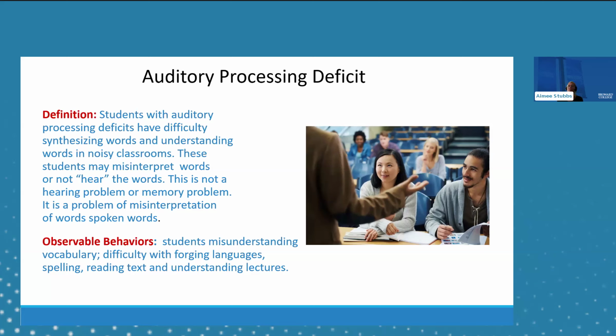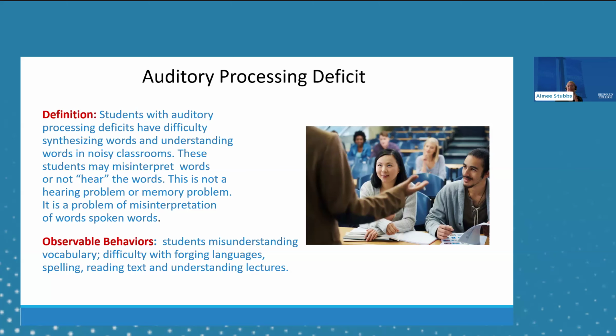And so some of those observable behaviors that you might see in your classroom, since you're not going to see that somebody has an auditory processing deficit, are that students might be misunderstanding vocabulary. They might have difficulty picking up or understanding the notes right away. You might see them looking really confused and struggling to write things, but they're not getting everything.